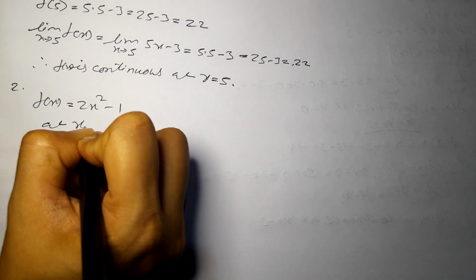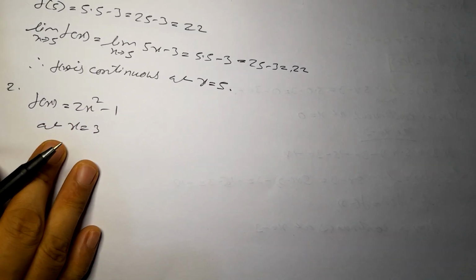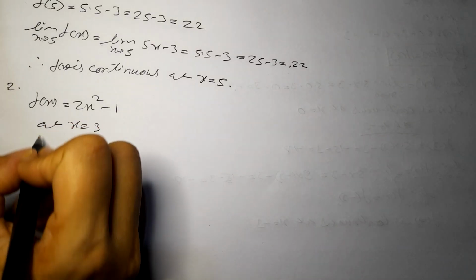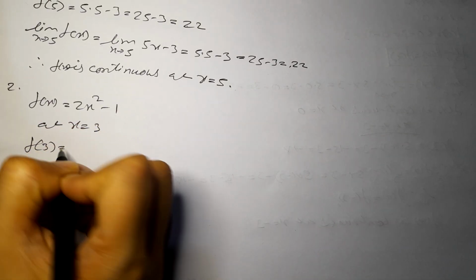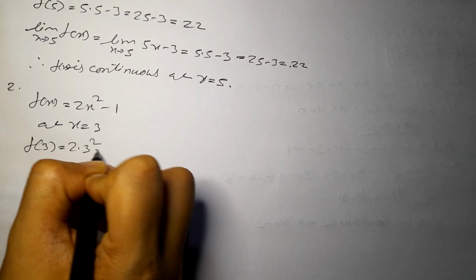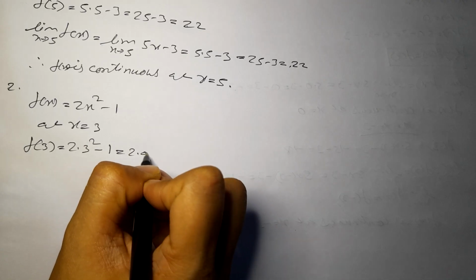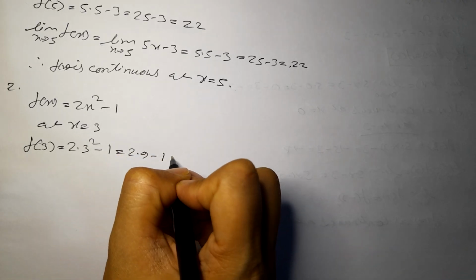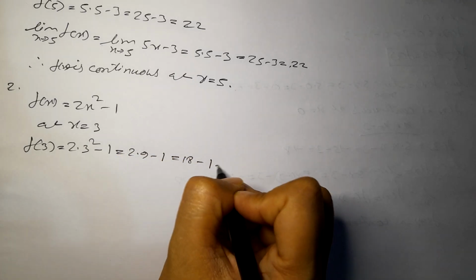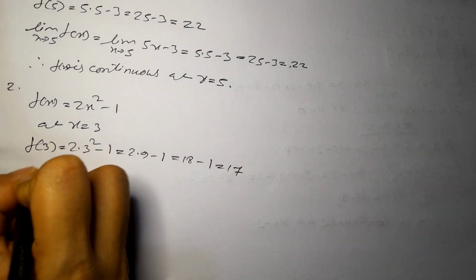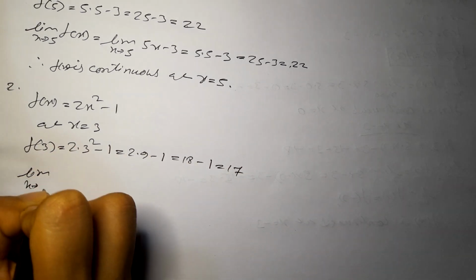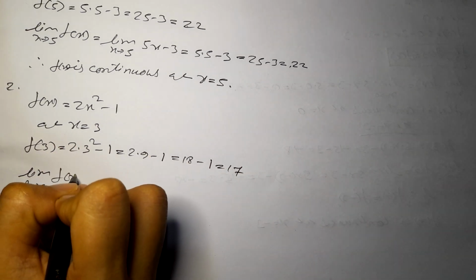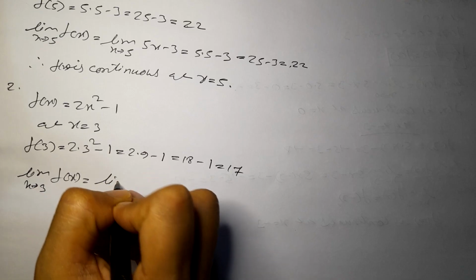So f(3) is 2 into 3 square minus 1, 3 3s are 9, 9 2s are 18, minus 1, so that is 17.